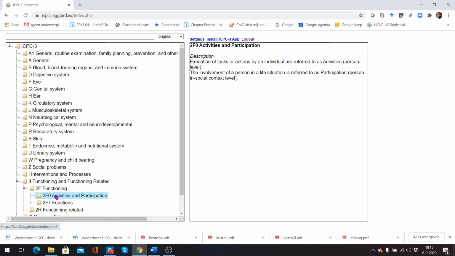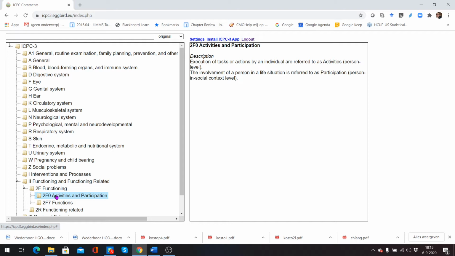From the point of view of primary health care, activities and participation are at the heart of shaping a person-centered approach. This means that in the ICPC, the activities and participation subcomponent comes first, followed by the function chapter.